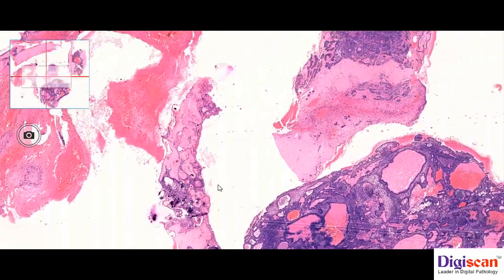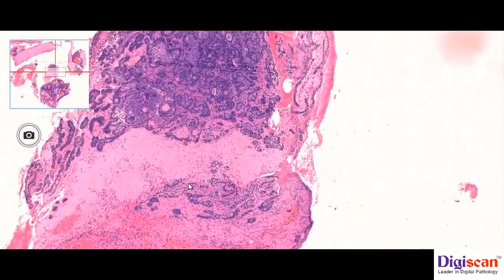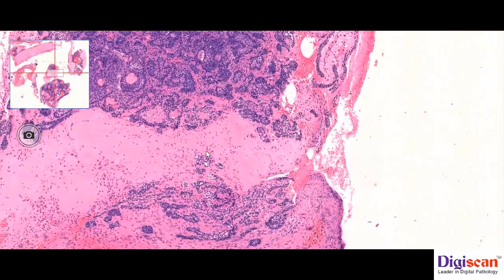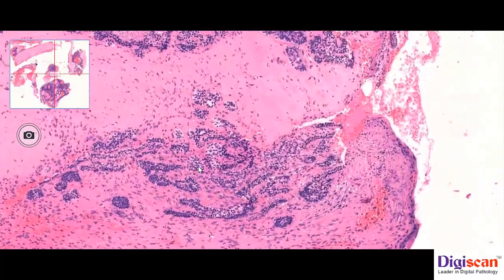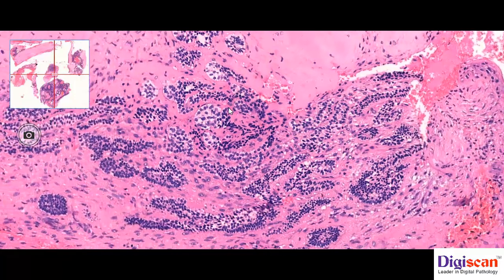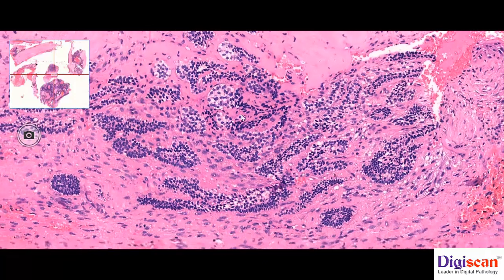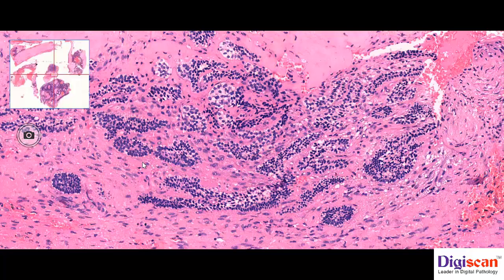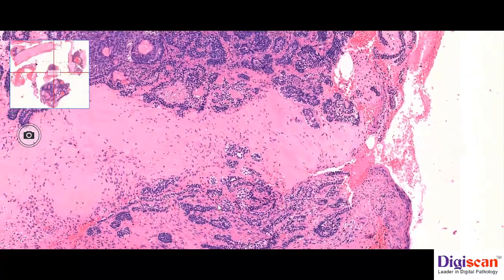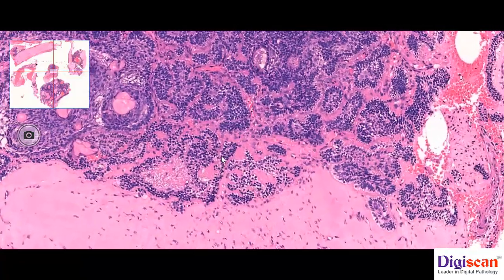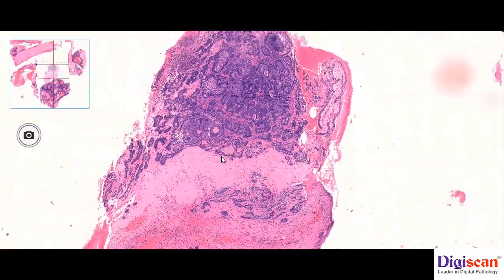If we go to this area, we find that the ameloblast cells are arranged as thin cords. This is a pattern reminiscent of plexiform ameloblastoma. Stroma is mature. It is not immature, unlike what we see in fibroodontoma or ameloblastic fibroma. So we have ameloblastic epithelium, mature stroma, presence of ghost cells, calcification and dentinoid material.